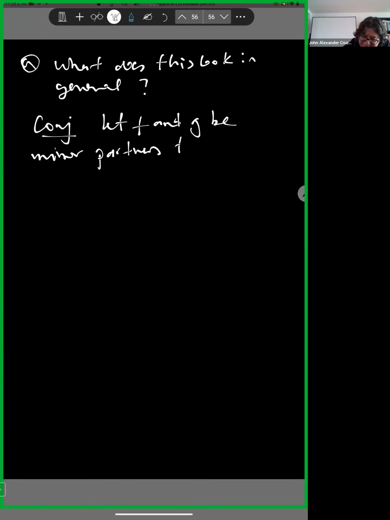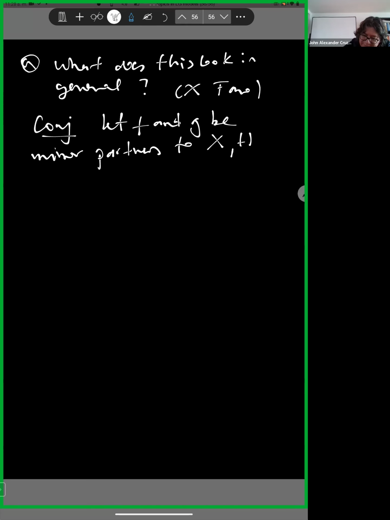So there is this conjecture, the mirror conjecture, which is the following. Let F and G be mirror partners to X. X is a Fano manifold, right?